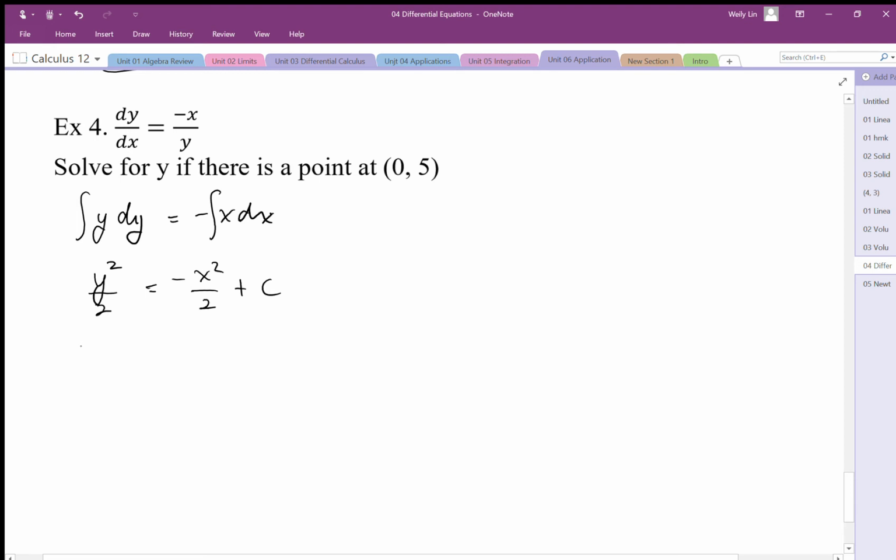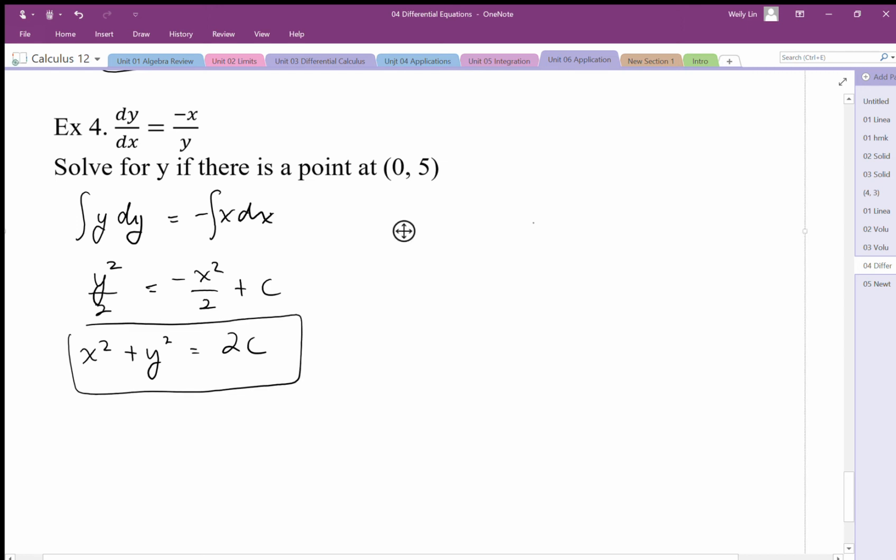I'm going to move the x squared to this side and multiply everything by 2. And so I end up with the equation of a circle. So I need to actually solve for this circle.